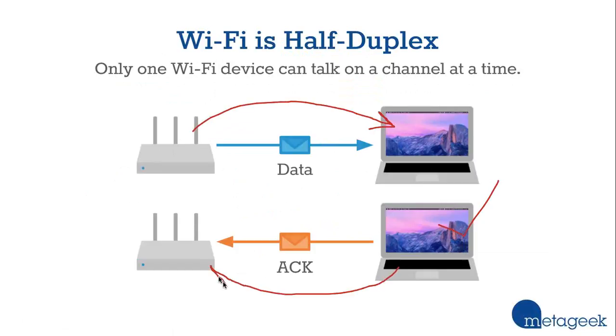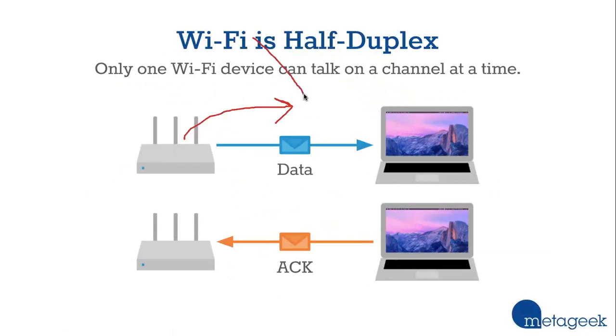Now, there's a few things that can go wrong here. Let's say that the data gets transmitted, but halfway through, maybe something else starts talking on the same channel and interrupts that conversation and garbles up that data. Or maybe the laptop is just too far away, and so by the time the data gets to the laptop, it's just too garbled up for the laptop to understand. In that case, the laptop won't understand the data, and it's not going to send an acknowledgement.